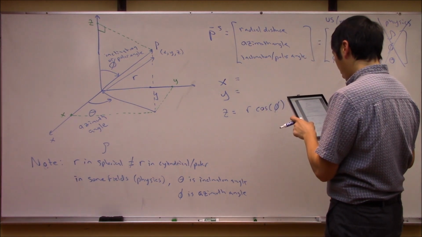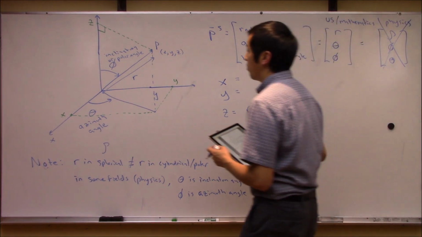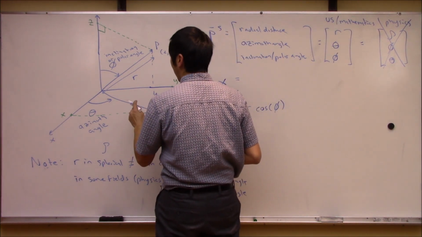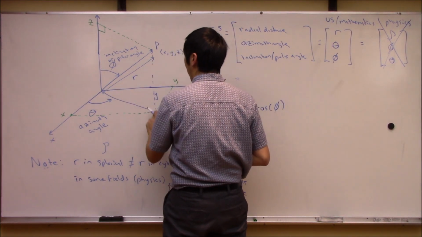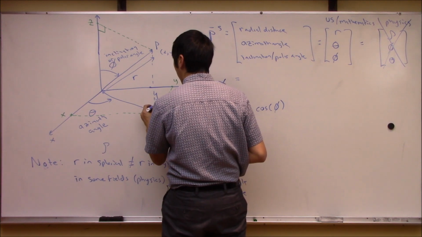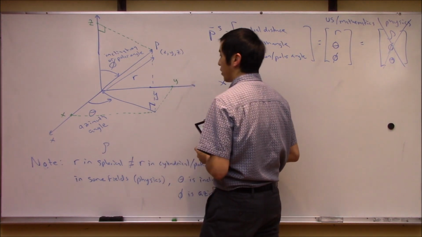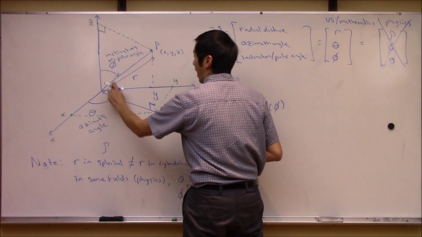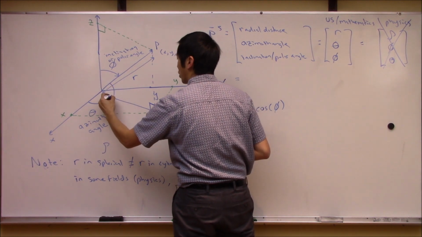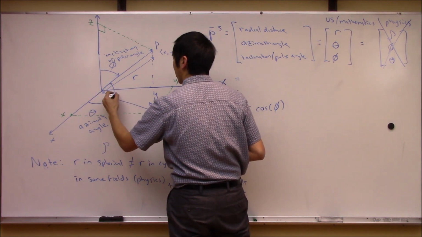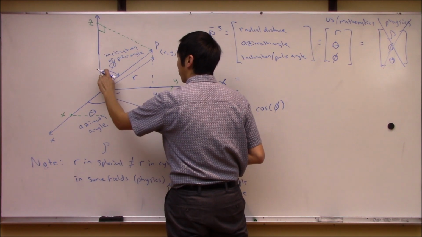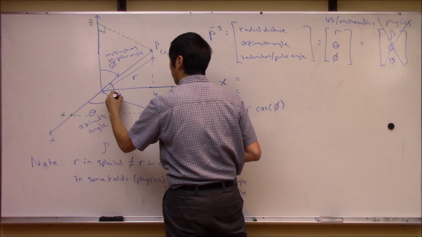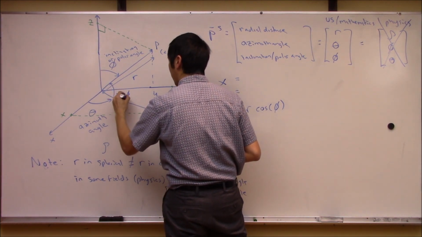Right? Okay. Let's look at another right triangle. Let's look at this triangle here, okay? And if you notice, this is a right angle. And this angle right here is going to be what? It's 90 degrees minus phi, or pi over 2 minus phi.